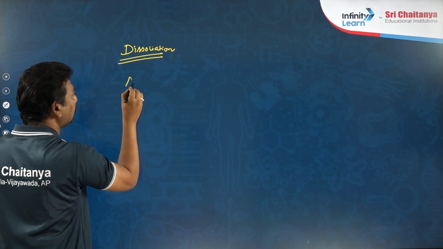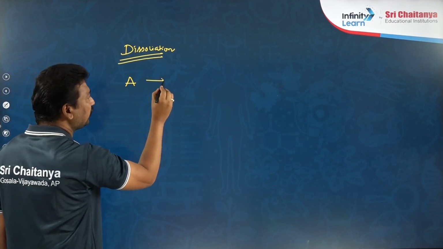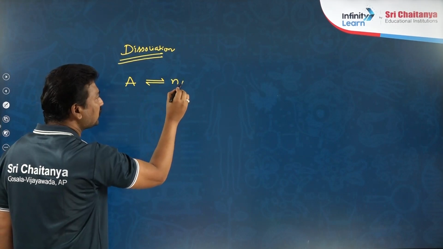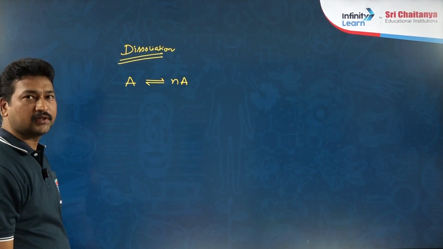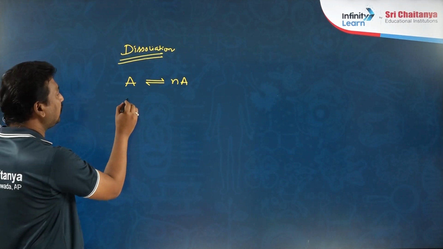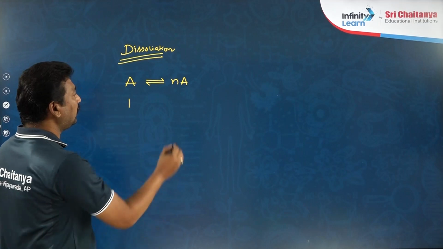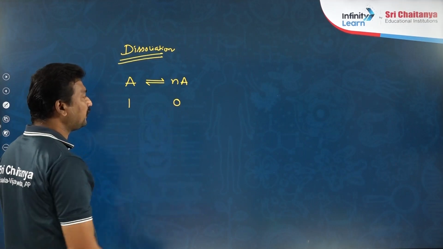Let us take a solute A. Upon dissociation, if it gives n moles of ions, I'm taking initially 1 mole of solute A and 0 moles of ions.